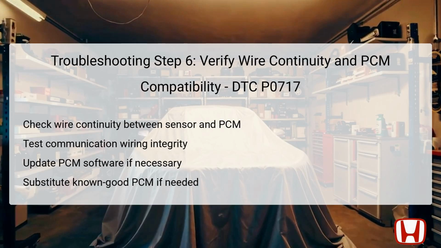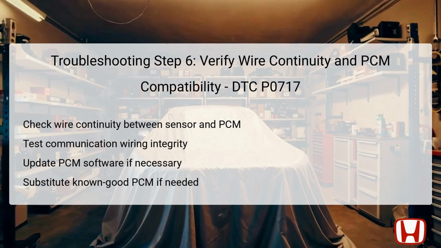The sixth step involves comprehensive testing of the wire continuity between the turbine speed sensor and the PCM connector. Ensuring unobstructed, correct continuity confirms that signals can pass freely without interruption. Additionally, the PCM software version should be checked.